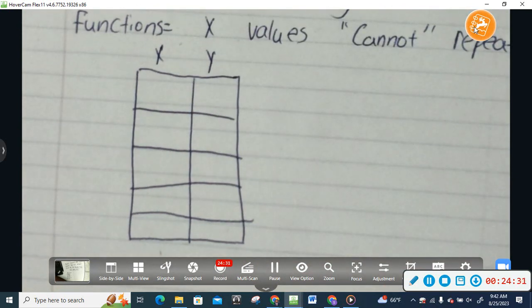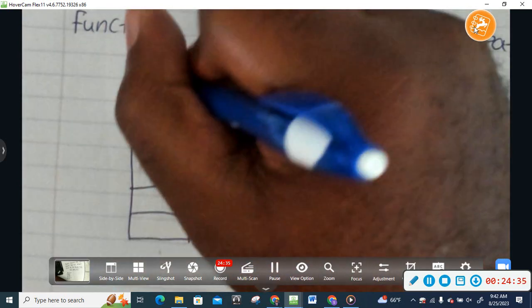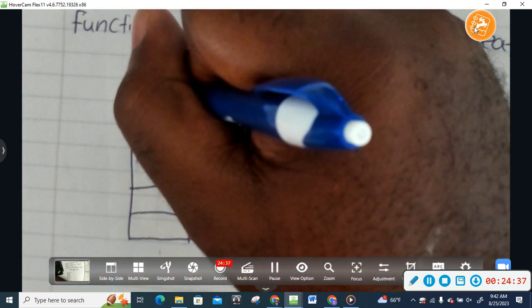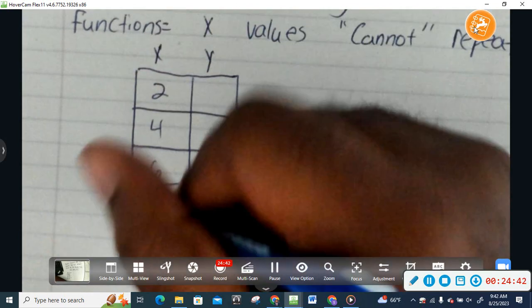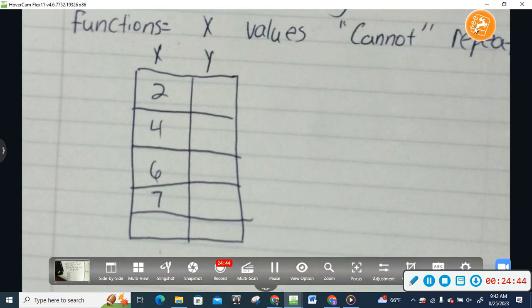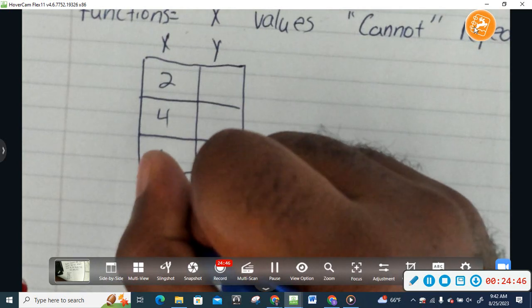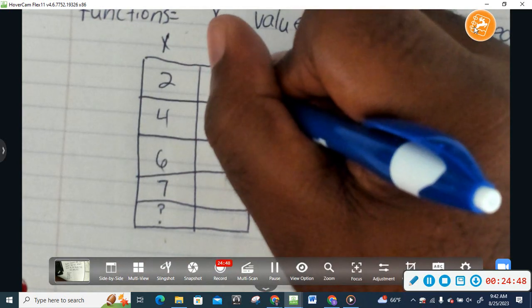Over here I'm going to have Y values. What's going to happen is I'm going to get something like this. And I have to figure out what goes here.